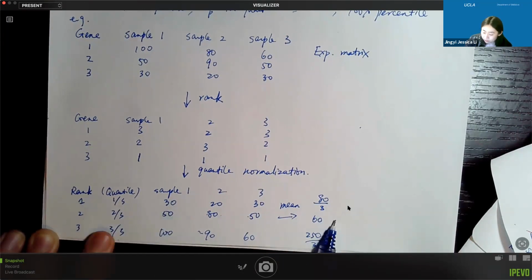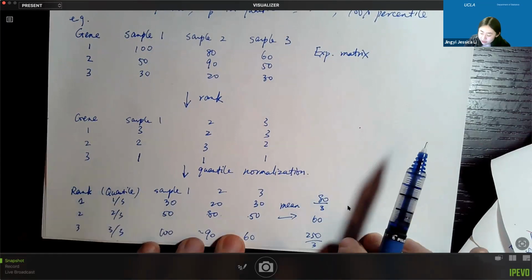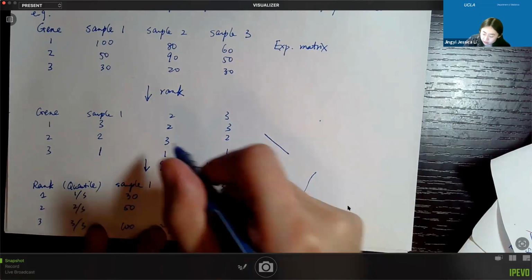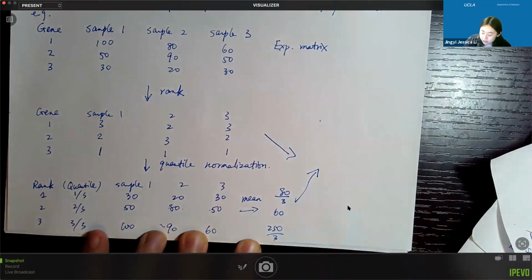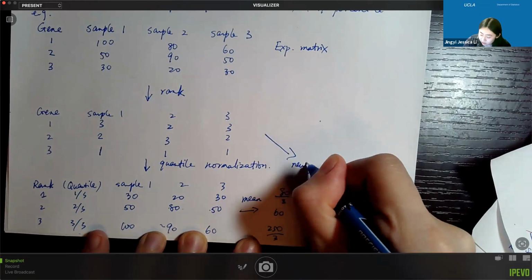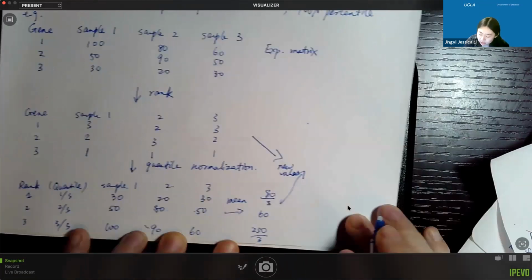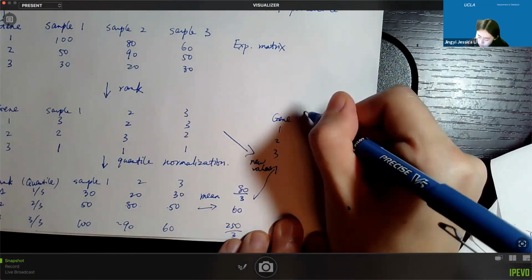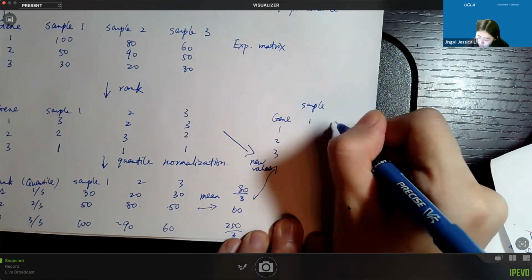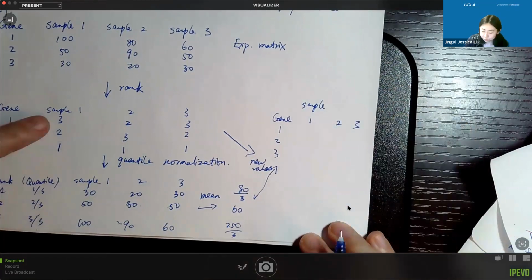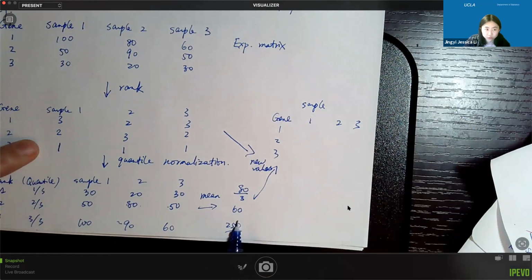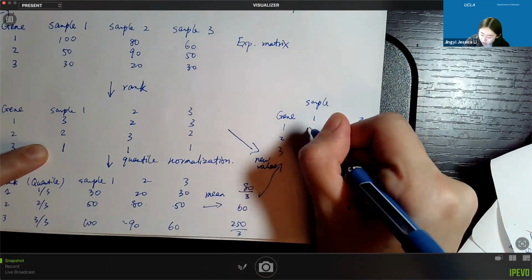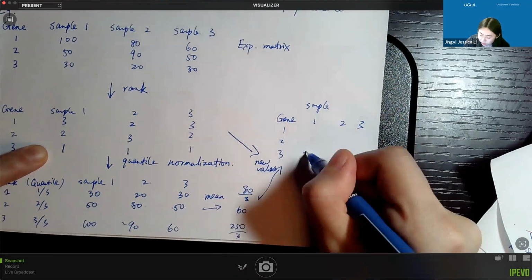And then I would input them back. So given the average quantile and the rank matrix, together they will give me the new values. Okay, in the new matrix, I still have gene 1, 2, and 3, and sample 1, 2, and 3. I will follow the rank and put their new values back. So for rank 1, the new value is 80 over 3. That's for gene 3.